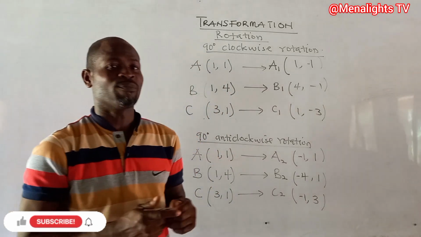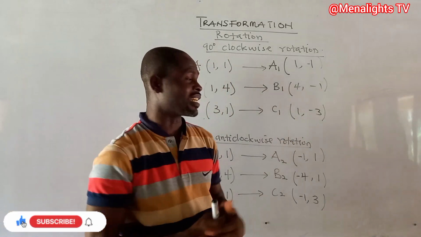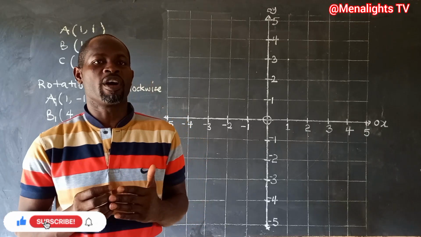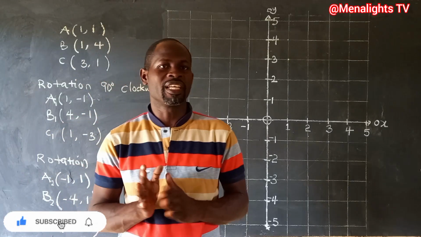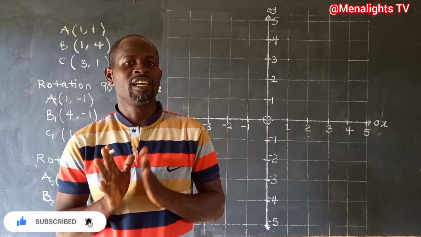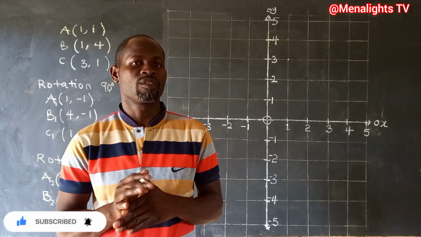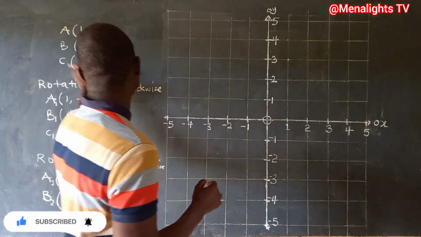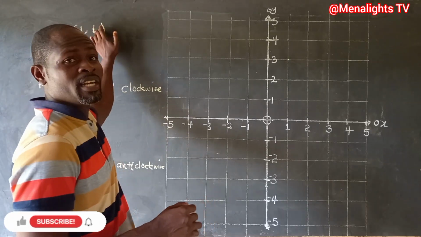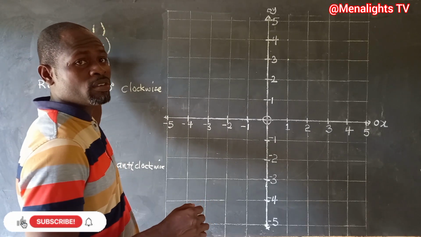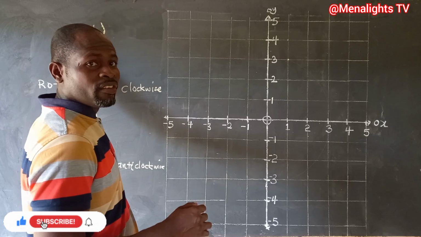Now we go to the graph board and represent this on the graph sheet. So we are now going to plot the points and then rotate them both clockwise and anti-clockwise. So first, the first point we have here is A, which is 1, 1, B, 1, 4, and C, 3, 1.